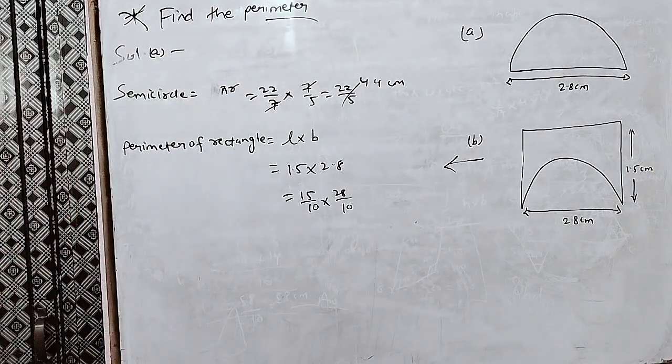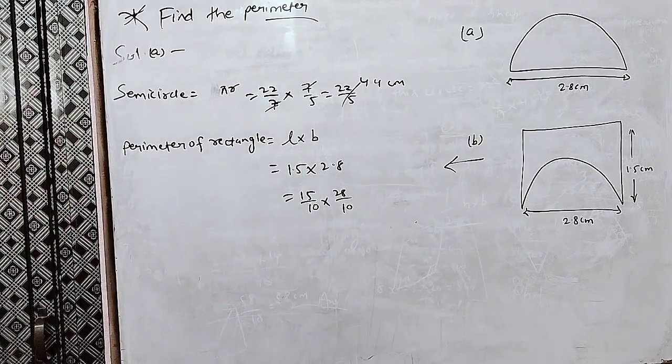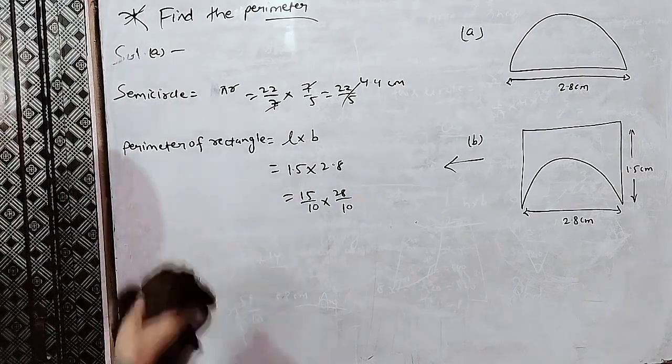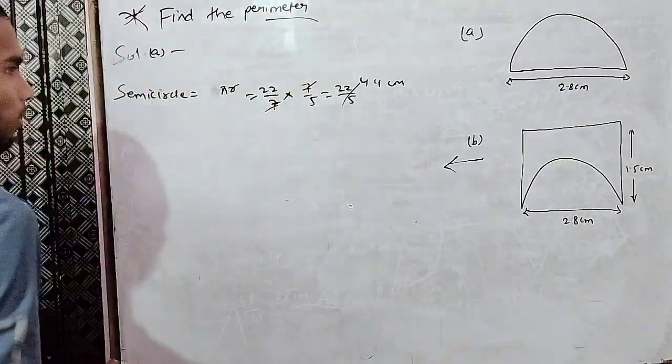I think I did something wrong. We don't have four sides, we just have three sides. 1, 2, 3. Then only we will add.